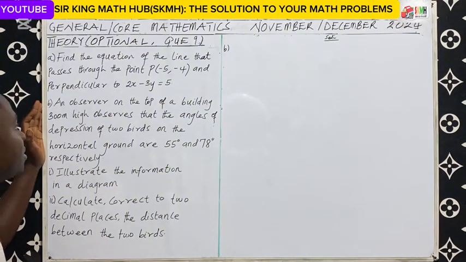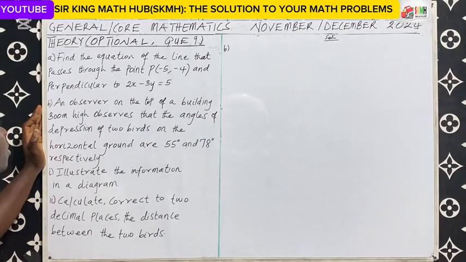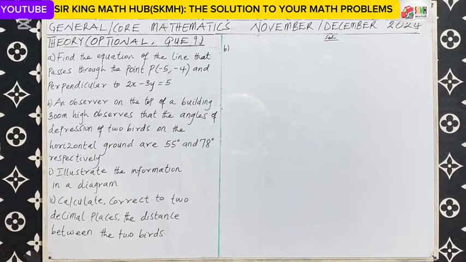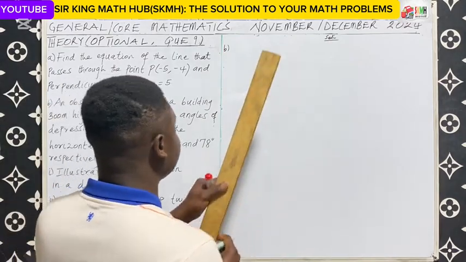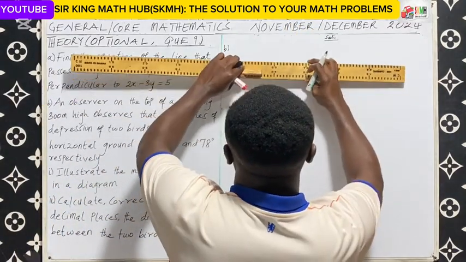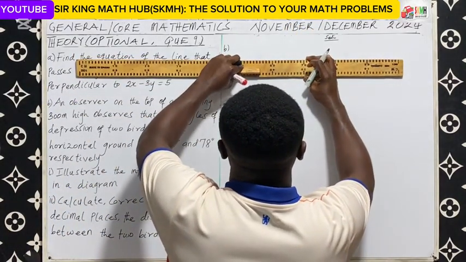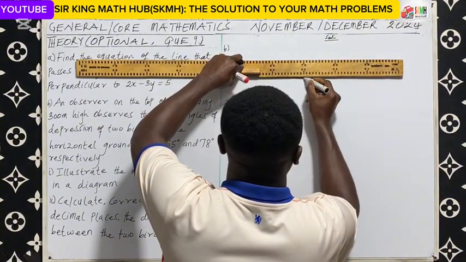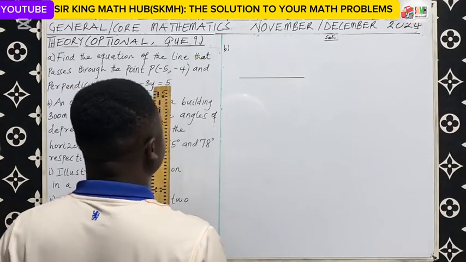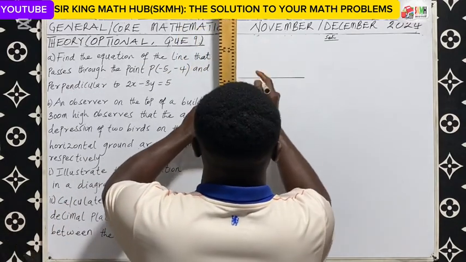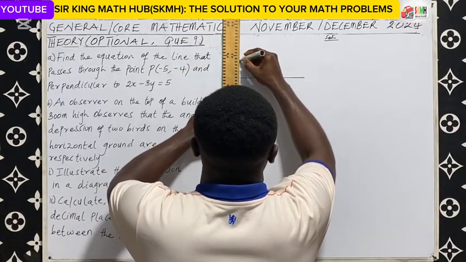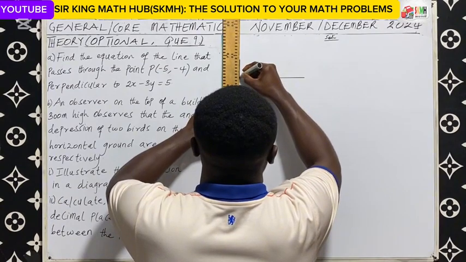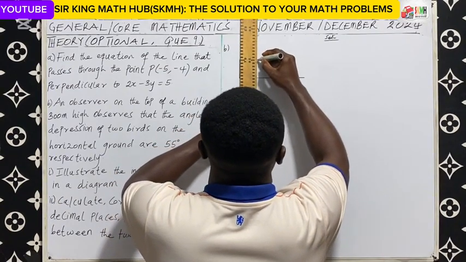Clearly, we could see that this question is about the angle of depression. So let's first of all represent our level ground. This is our level ground. On the level ground, we have our building.